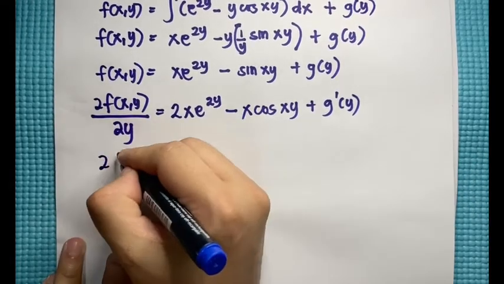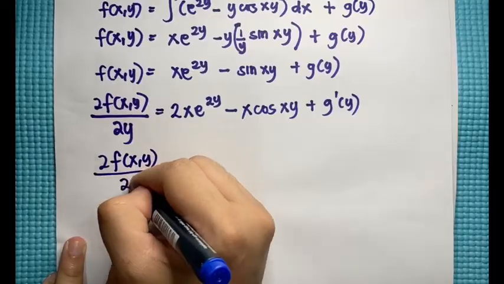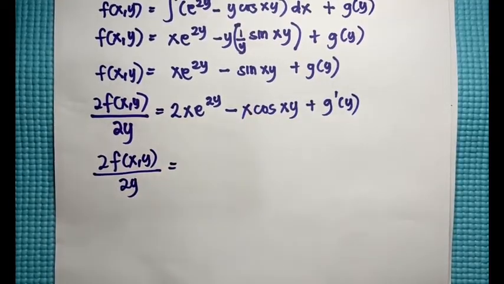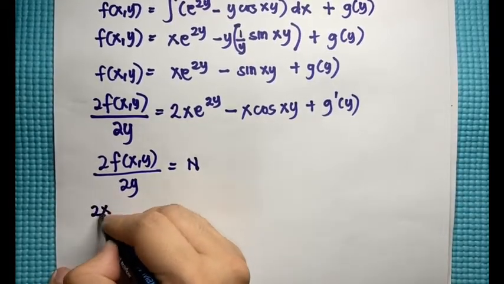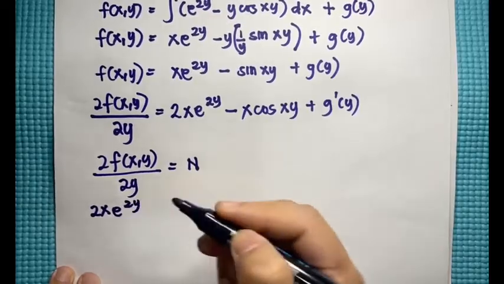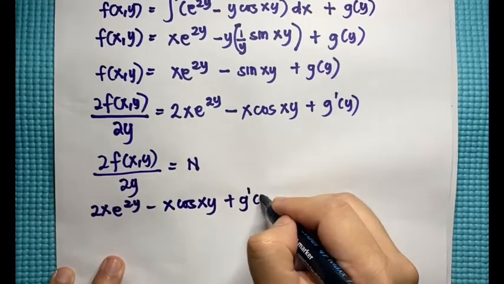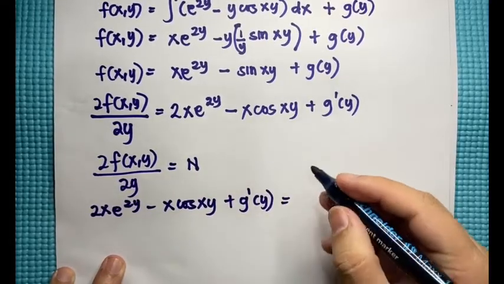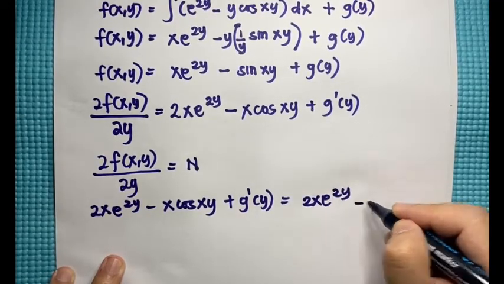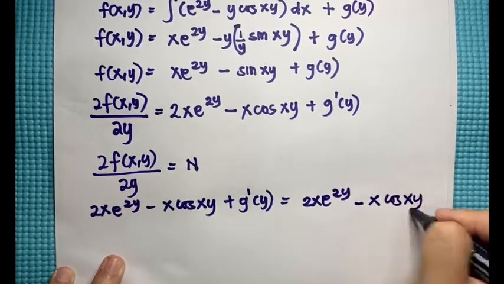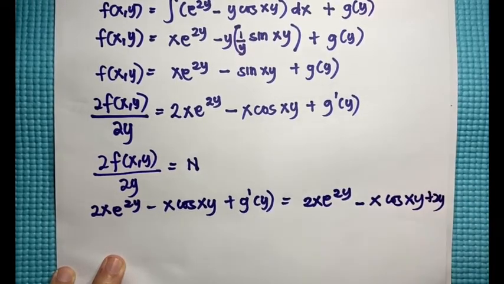And equating the partial derivative of f of xy with respect to y to N, we have 2x e raised to 2y minus x cosine xy plus g prime of y equal to our original N, 2x e raised to 2y minus x cosine xy plus 2y.